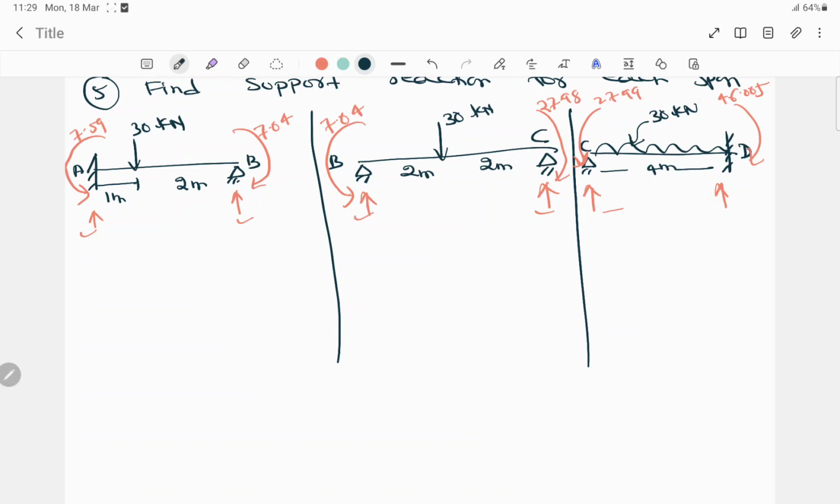Now let's solve. First we'll take the moment about A is equal to 0. Moment about A means all the load which is acting in this beam will come towards A. So let's solve.